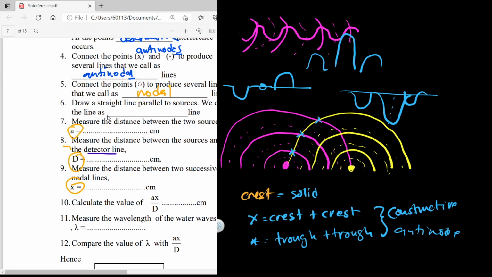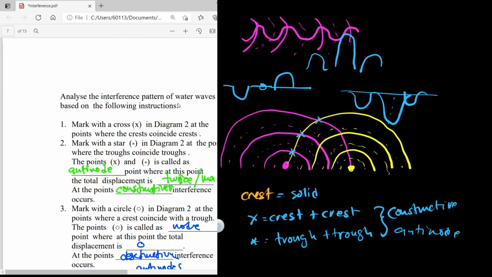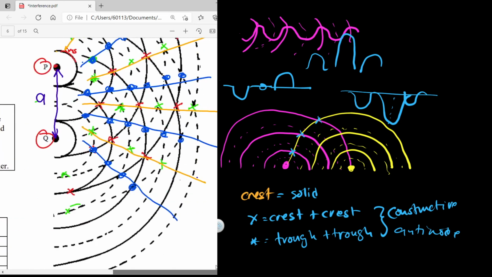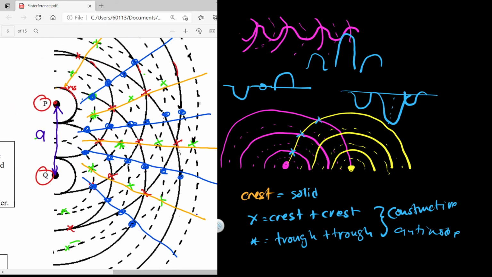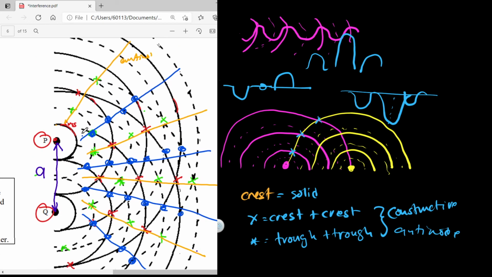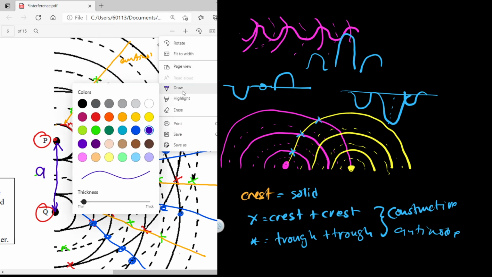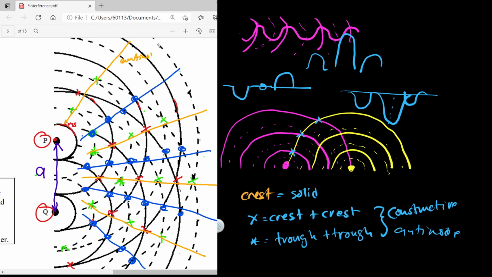It is here. We call it the detector line, parallel to the sources. You can make the line anywhere around here, but it must be parallel. So let's say it is here. Here we call it the detector line. It is parallel with the line between the two sources.